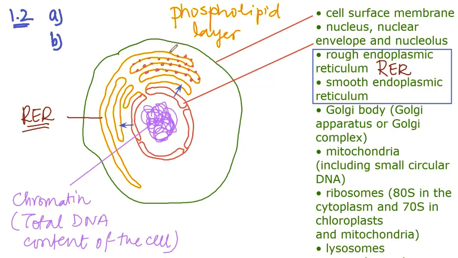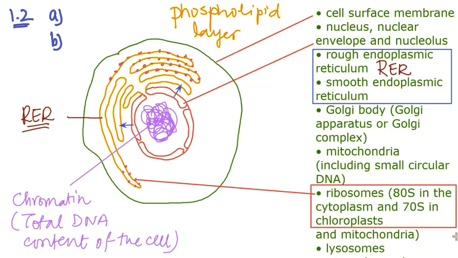They are studded on the endoplasmic reticula, and they are called ribosomes. Ribosomes are generally involved in the synthesis of proteins, and these ribosomes could be of different sizes in different locations of a eukaryotic cell.